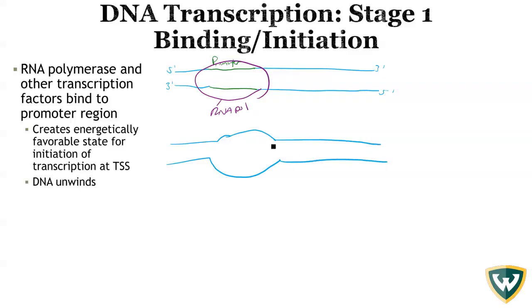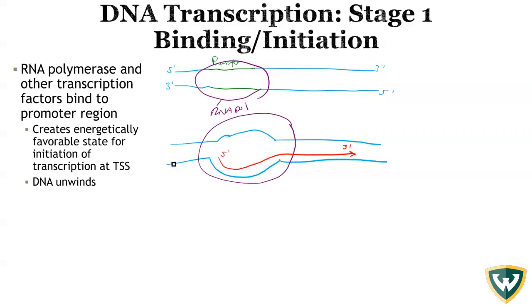It begins to unwind the DNA, with RNA polymerase still docked onto this region, and then it begins to create one strand of RNA heading downhill. It's going to make RNA in this direction, because again, it always wants to head downhill, 5' to 3'.